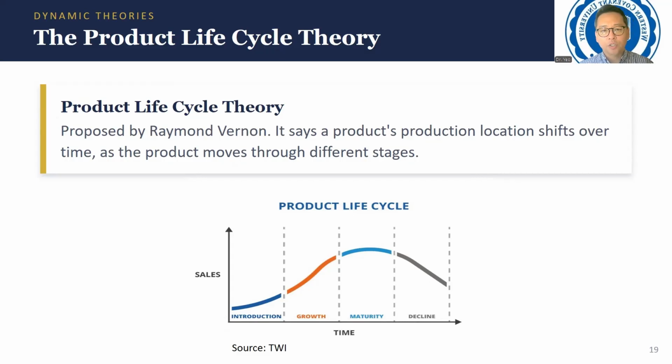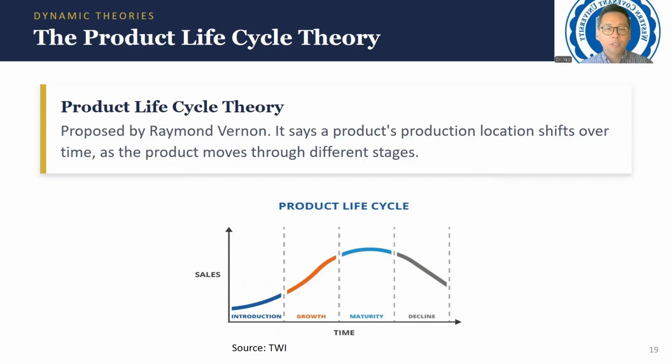At this stage, production stays 100% local. For example, Nike, 60 or 70 years ago, was produced in the US. The company only exports a tiny amount to other rich countries.